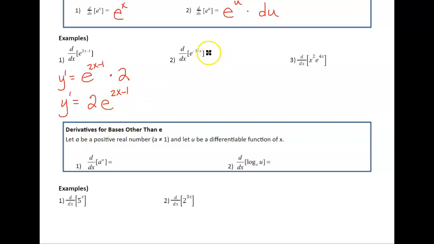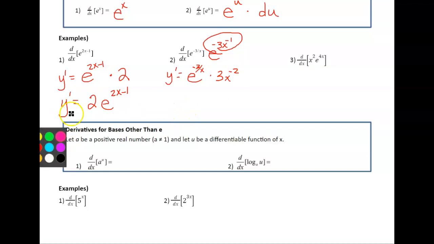All right, our second problem. This one, because I try to avoid the quotient rule just because it's time consuming, we're going to rewrite this with a power. So when we take our derivative, it's a little faster to do. So e to the u, and notice I'm going to copy down the original problem. And then when I take the derivative, that's when I use the power rule. So we bring that down and multiply and subtract 1. Now, there's not much we can do here.